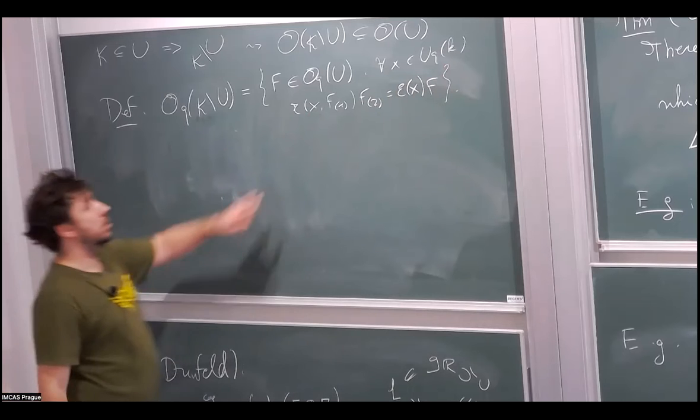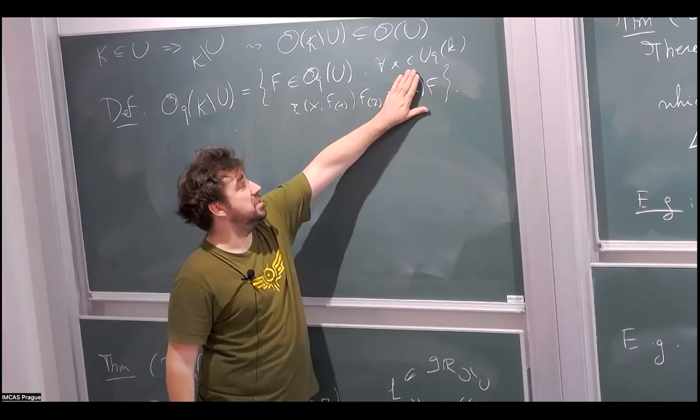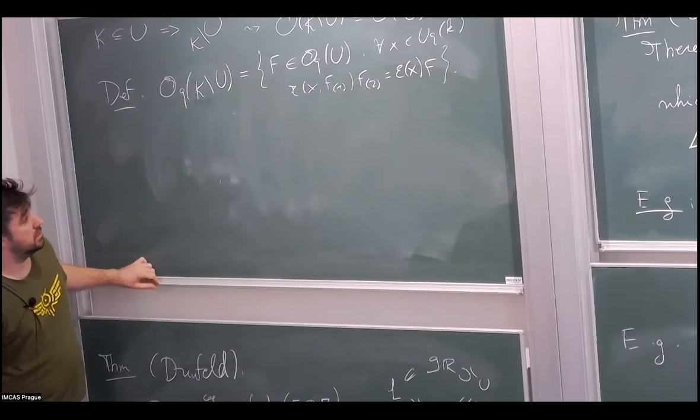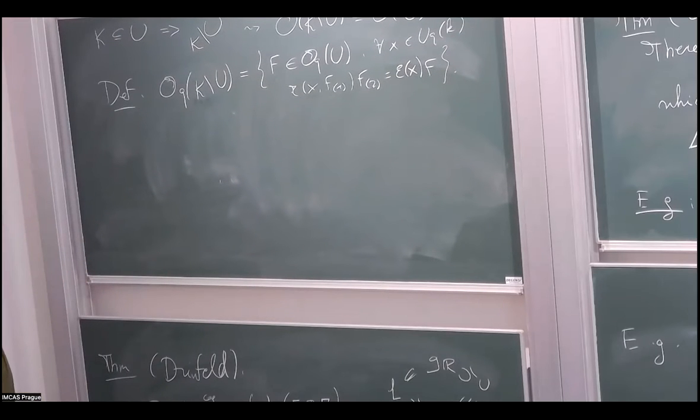So in the setting of Lie algebras, epsilon of X would be 0 for a generator. So this is just the quantization of that kind of map.